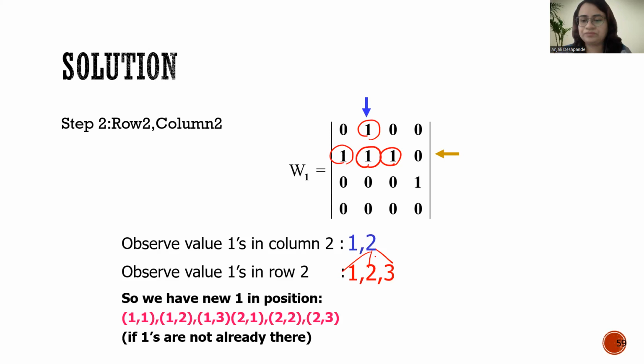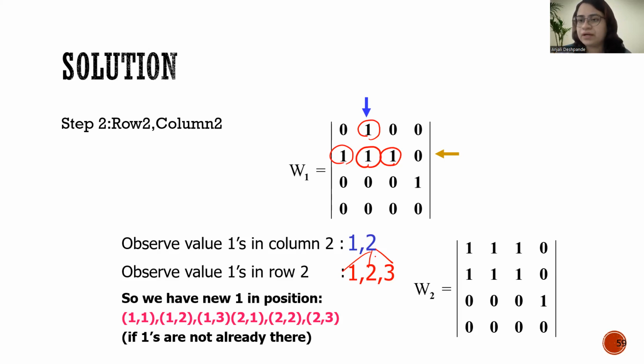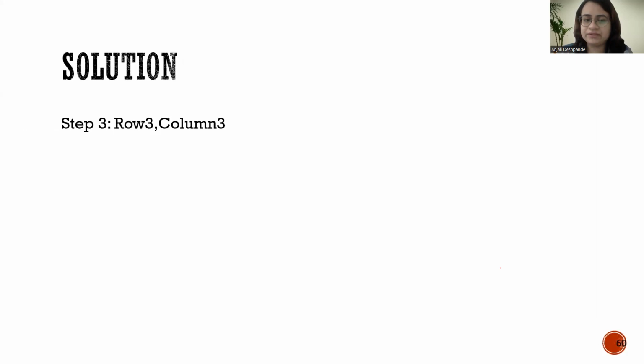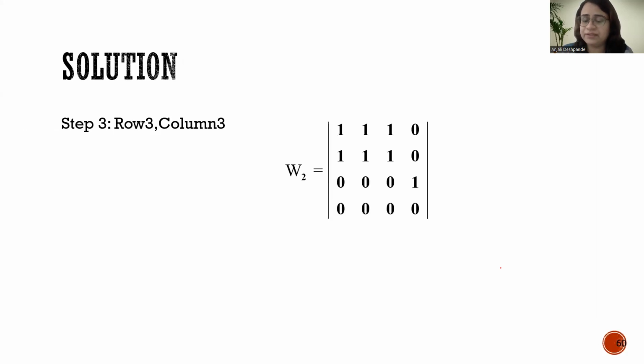Okay. So now we will obtain W2. So here if you see, this blue circle represents the newly obtained ones corresponding to these positions. So 1 1, 1 2, 1 3, 2 1, 2 2, 2 3. So I mark them as 1. Now in the next step, again I will consider row 3 and column 3, but the matrix that I will see is W2.